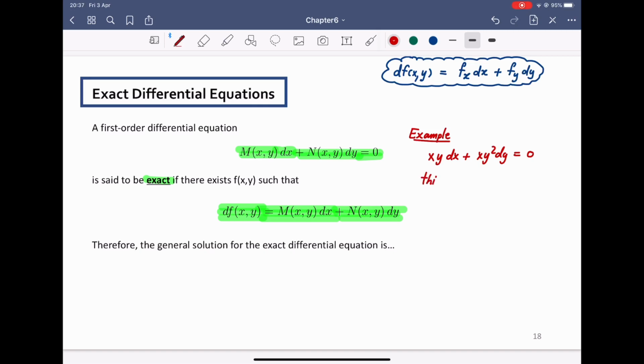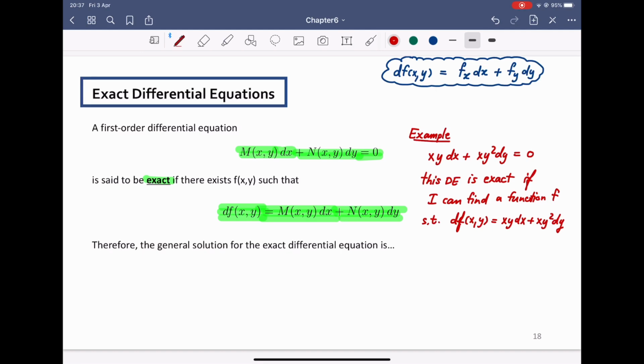So we say that this differential equation is exact if I can find a function f such that the total derivative of f is equal to xy dx plus xy squared dy.